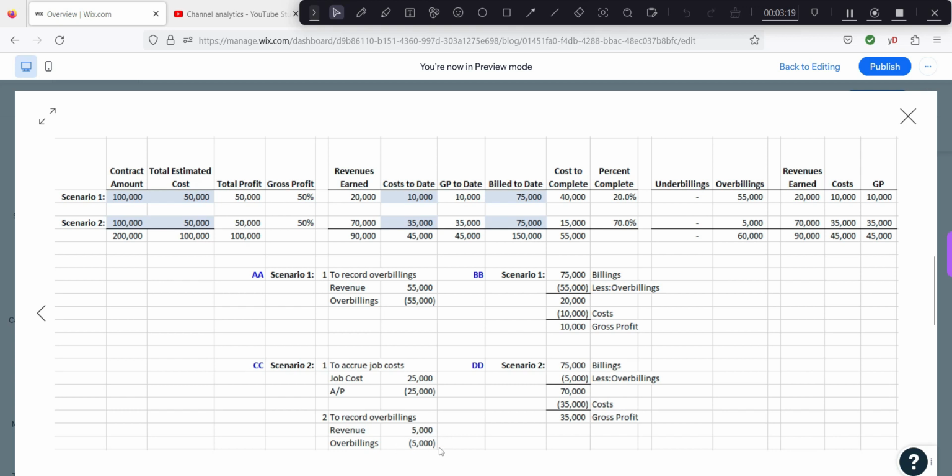And there's our $5,000 increase in overbillings. Take your total billings to date minus your overbillings, that's $70,000 in revenues earned, minus your costs. There you go, $35,000 as opposed to $10,000. Huge difference just off of recording that one invoice.